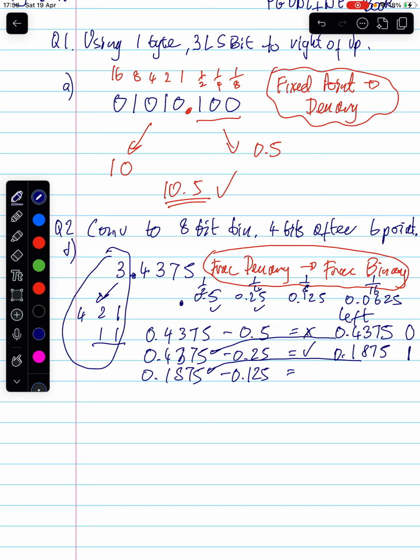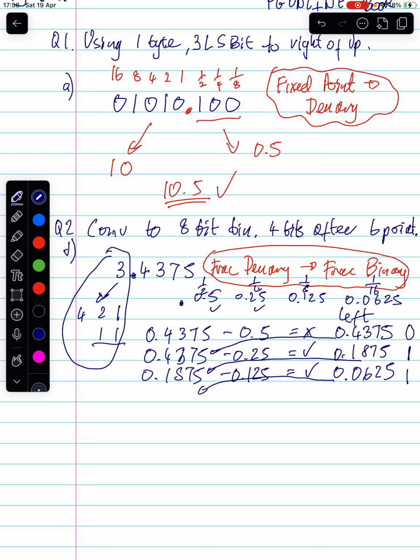Okay, so we can do this. We're going to have a 1 here, and that subtraction gives us 0.0625.